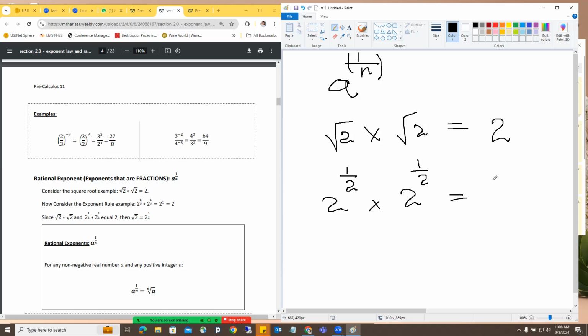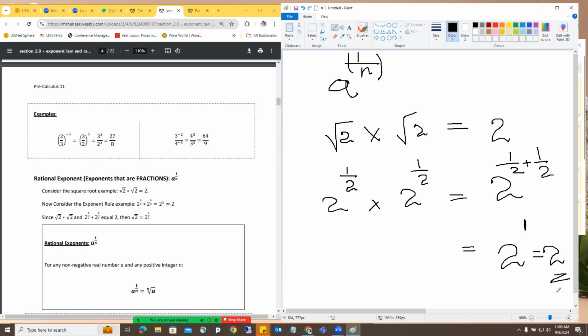We can convert the square root into a power as half. Then since we have a multiplication, we can add these two powers. Half plus half is 1. 2 to the power of 1 means again 2. That's how we received that answer.